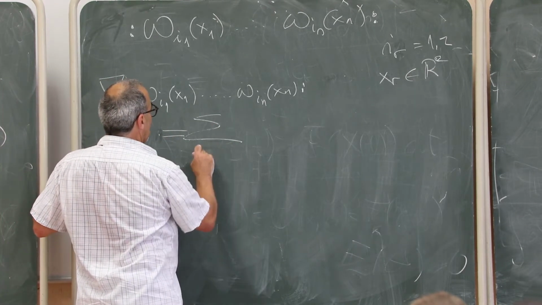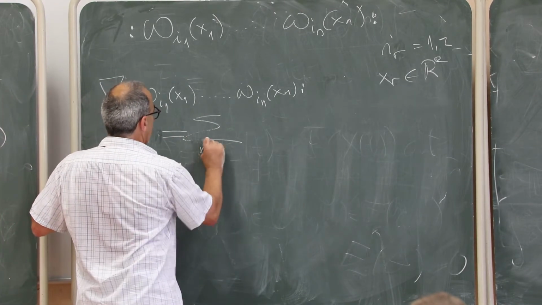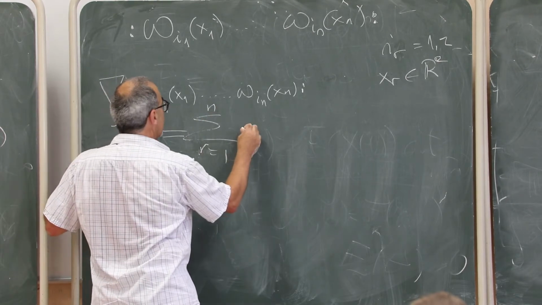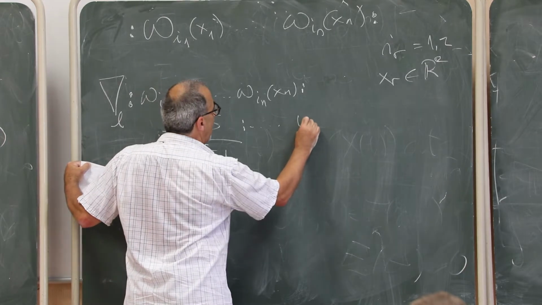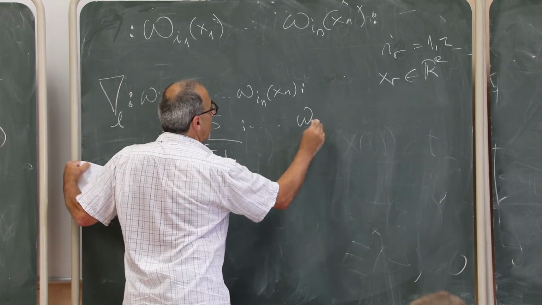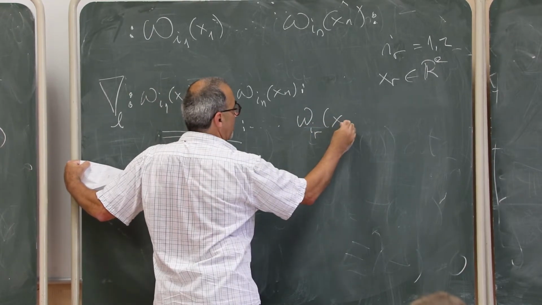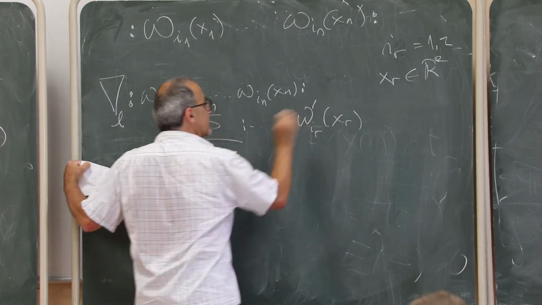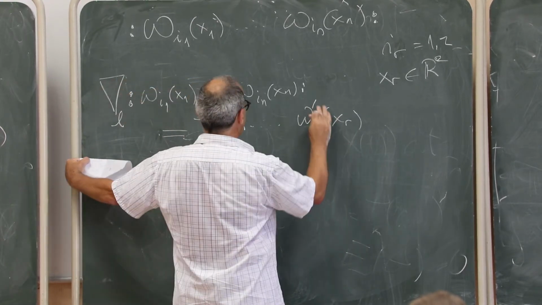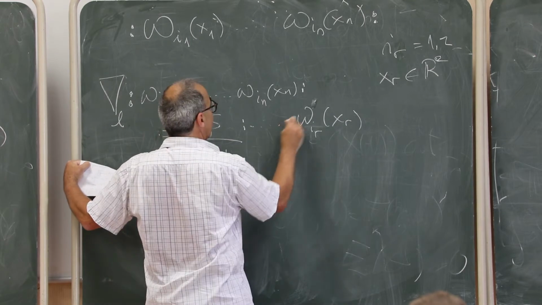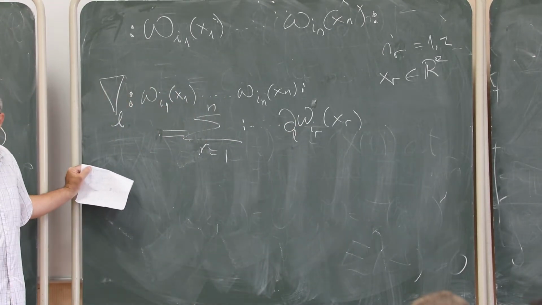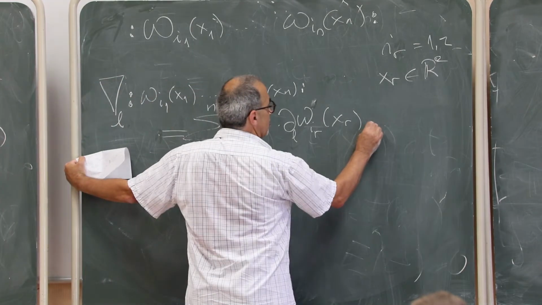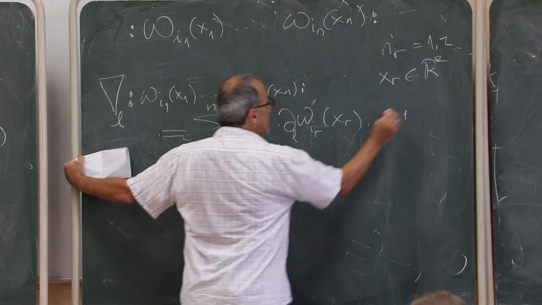It is the sum over R from 1 to n. Let me just put the dot. You have the factors I sub r, x sub r, but take the L derivative, that means d by dx_L, and the rest unchanged.